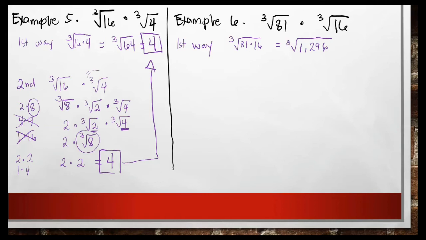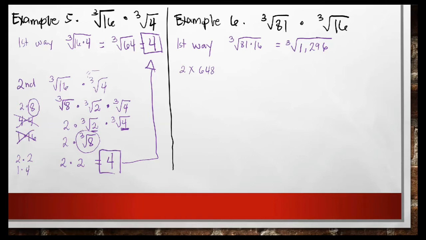If we get the factors of 1,296, let's have the factors. We have here 2 times 648, which is a factor of 1,296.